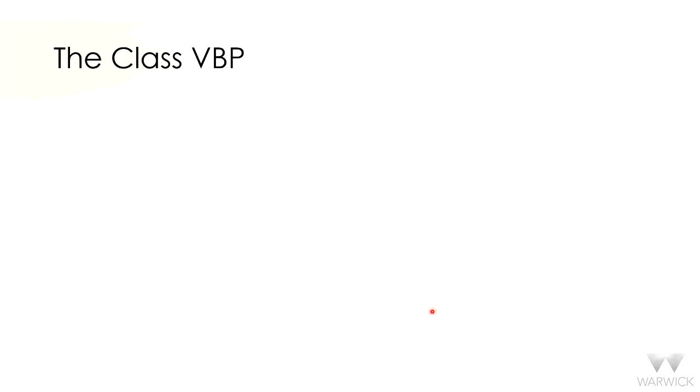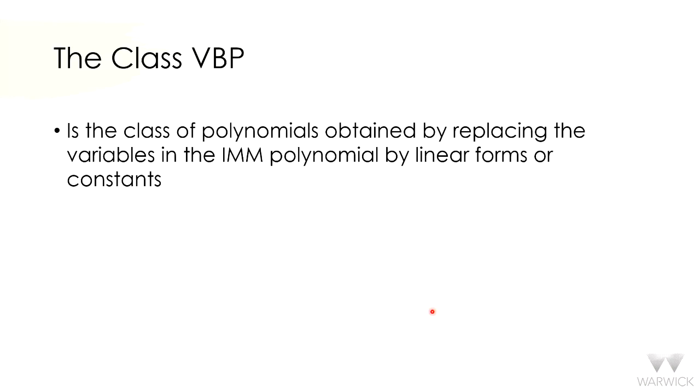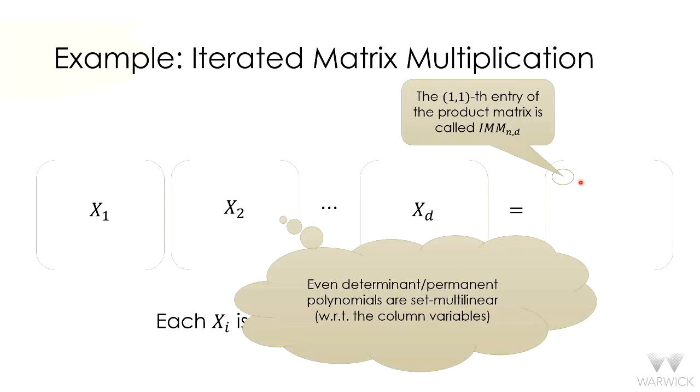Then with the definition of IMM, I'm now ready to define this other class, which we call VBP. This is the class of polynomials obtained by replacing the variables in the IMM polynomial by linear forms or constants. So in this big polynomial that you get in terms of whatever x i comma j, you just replace all of those x i comma j by variables of your choice, say some y variables, or linear forms in y variables, or by constants like 0, 5, whatever.